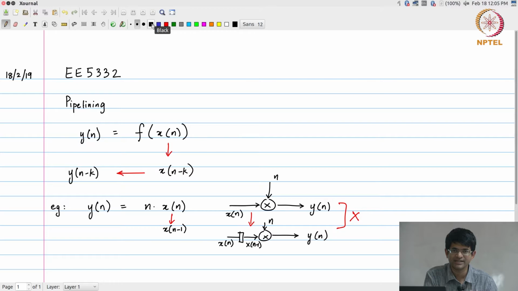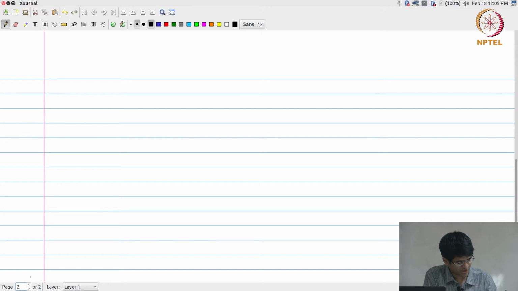The simplest way of looking at it is, as long as the inputs themselves to your individual computational modules are time invariant. So if I have a computational module which has some inputs, let us say x1 of n, x2 of n, and it has some outputs y1 of n, y2 of n.